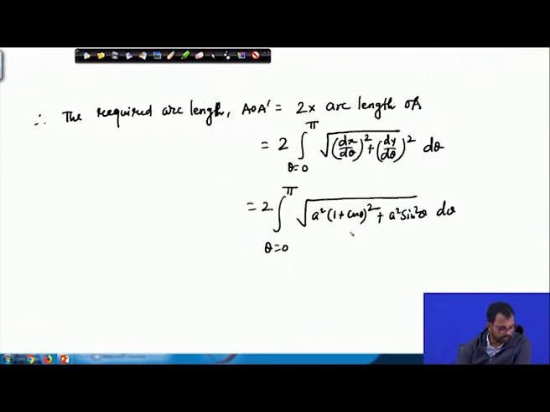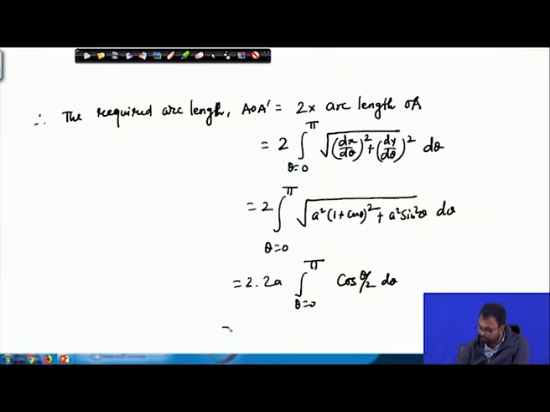If we calculate this whole thing, it will turn out to be 2a, theta running from 0 to pi, cos theta by 2. This involves some very simple trigonometrical calculation, and I am pretty sure you will be able to do that. Ultimately we obtain 2a cos theta by 2, and we have another 2 here.